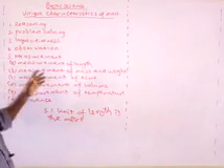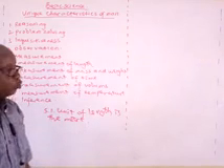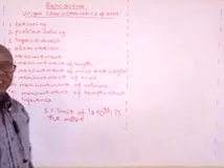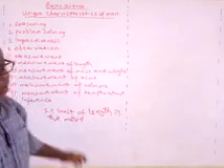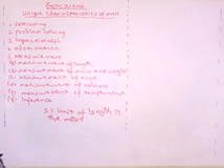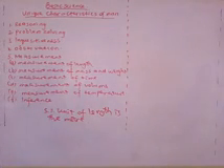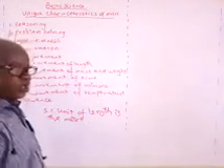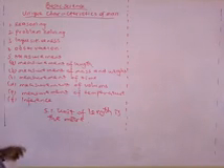Among these, the instruments for measuring length in the laboratory, you can use your ruler, you can use tape rule, and you can use meter rule. So these are the things that we use in the laboratory. Then other instruments that we use in the laboratory are linear calipers and micrometer screw gauge. These are used to measure small objects like a tiny wire.